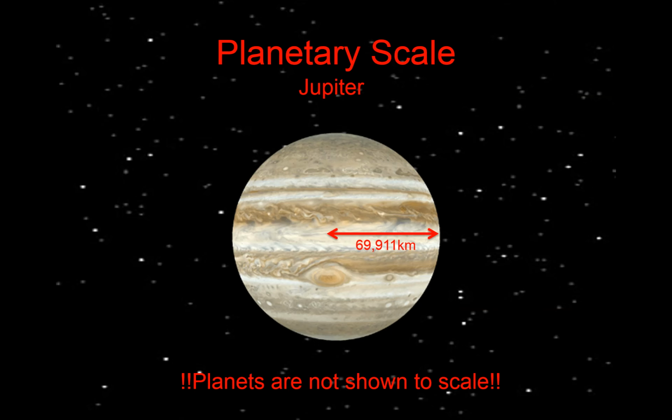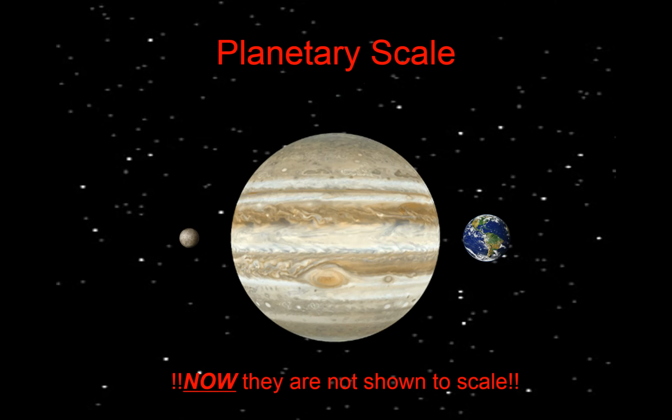But now we're talking about 69,911 kilometers for the radius of Jupiter. Remember, the Earth was about 6,000 kilometers, so this is a much bigger planet than the Earth. And again, these planets were not shown to scale. Now they're shown to scale.